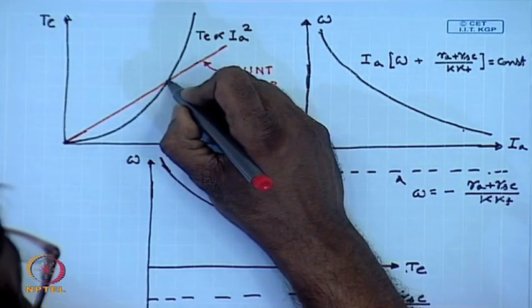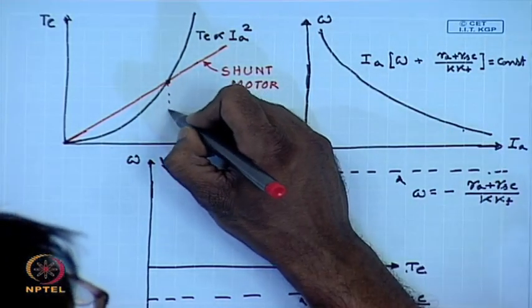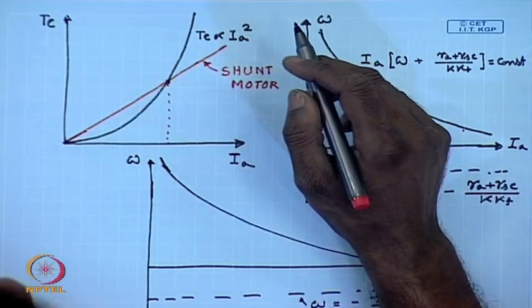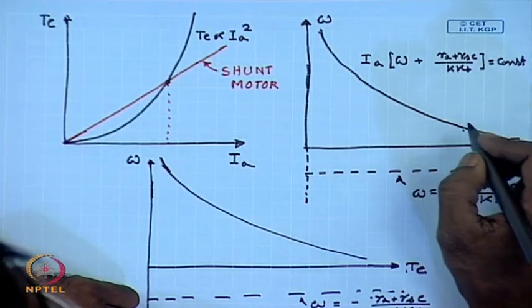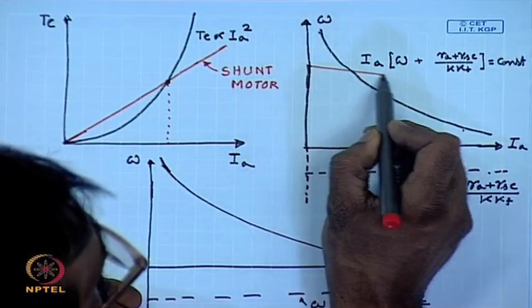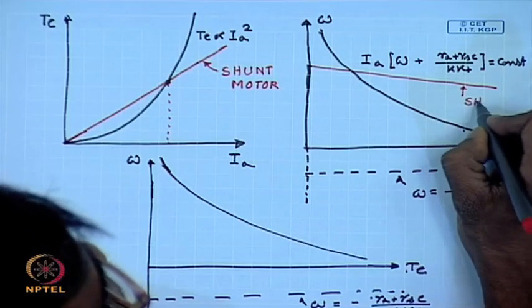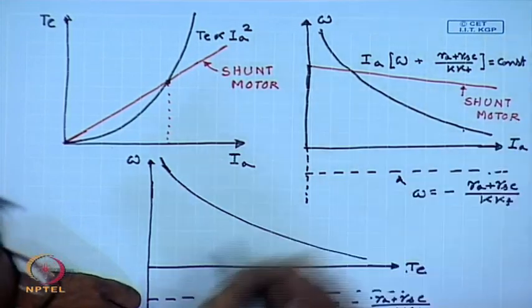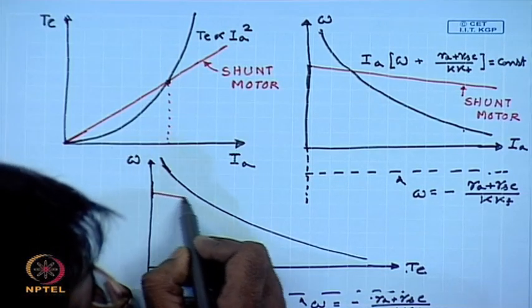Up to this current, the shunt motor generates more torque than the series motor, but beyond that the series motor can generate a much larger torque. For the shunt motor, this characteristics is a straight line. Also, for a shunt motor, the torque speed characteristics is a straight line.